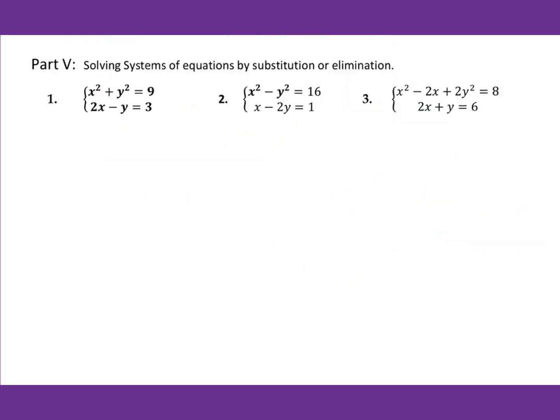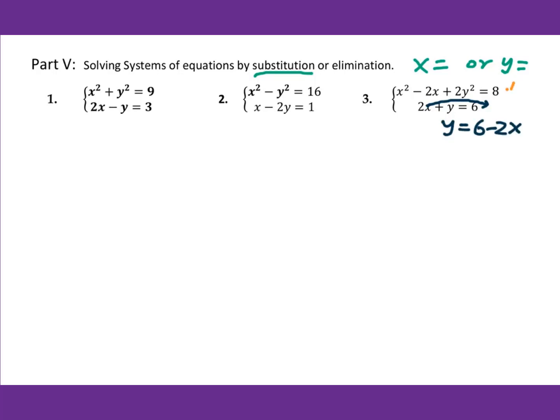Now let's go to number 3. First of all, we need to choose the better method, definitely substitution, because for the second equation, we don't have x squared or y squared. For substitution, you have to create x equals or y equals. Therefore, we can get y equals 6 minus 2x.